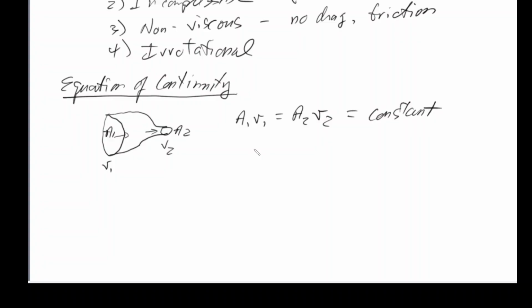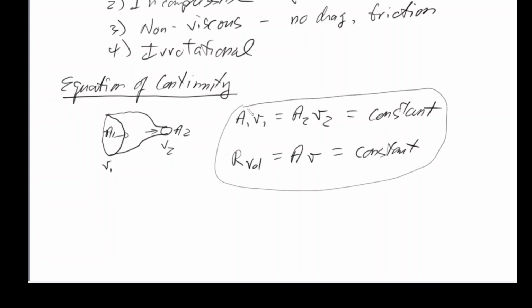And that could be written another way, that the volume flow rate R sub V, which V being volume in this case, is equal to area times the velocity of flow, and that is equal to a constant. So these are two ways of describing the equation of continuity for a fluid in motion through different size tubes.